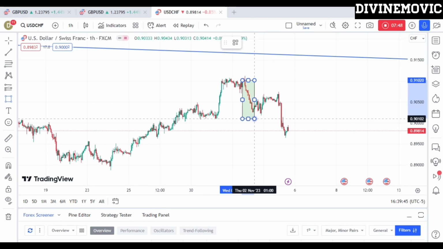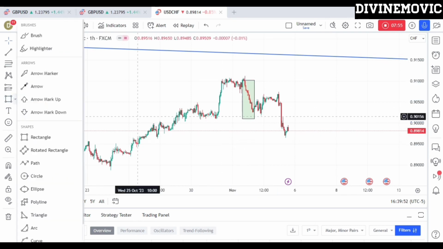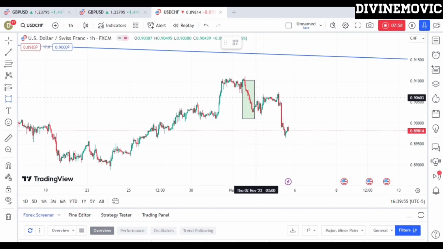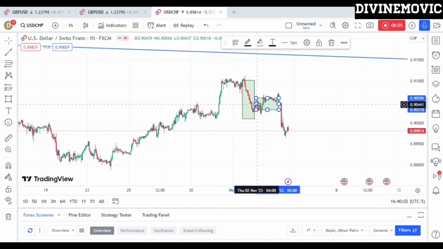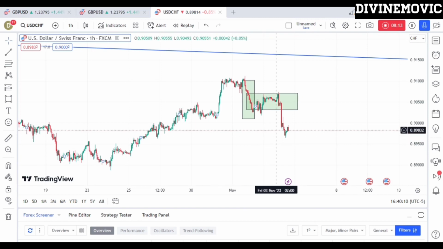This is our first distribution phase, and now here is acting as our base. It's acting as our base. And now this is our expansion.